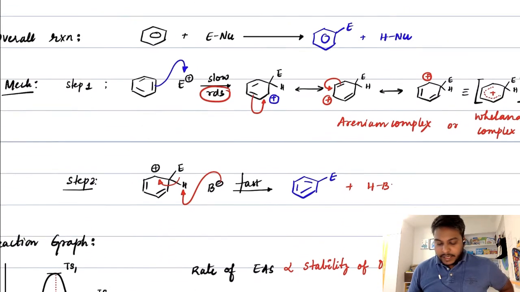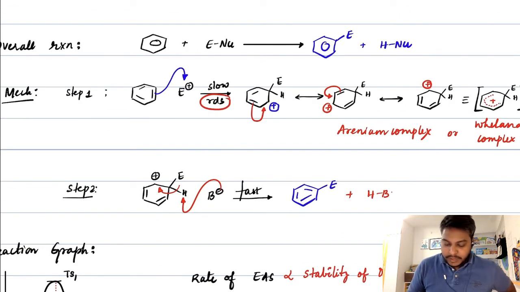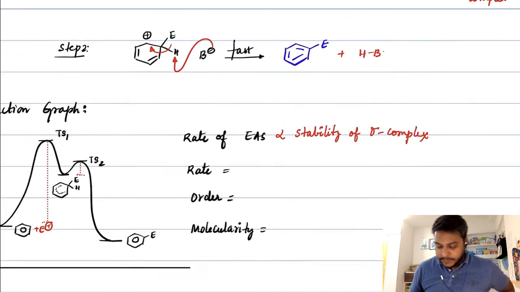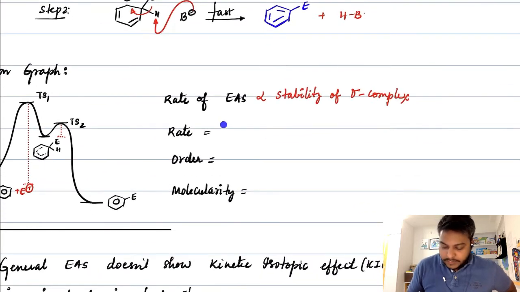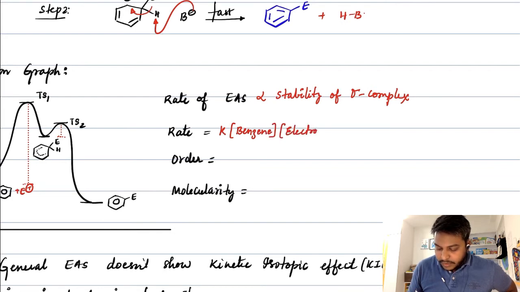Next, the rate of the reaction depends upon the slow step, and in the slow step, we have the reactant as well as the electrophile. So hence, the rate of the reaction will be some constant times the substrate, in this case benzene. So benzene concentration multiplied by electrophile concentration.